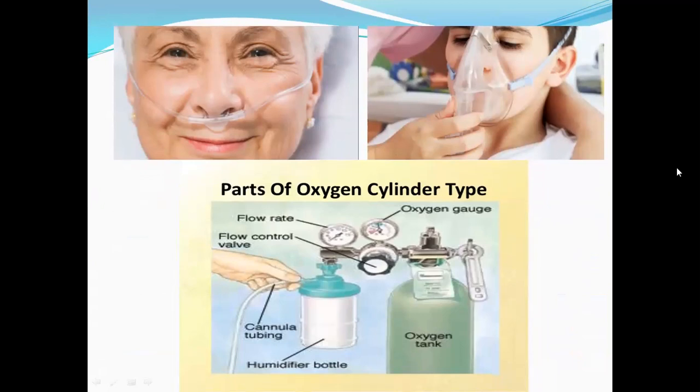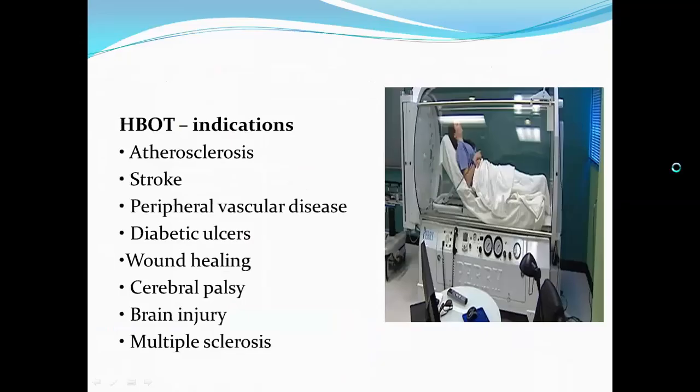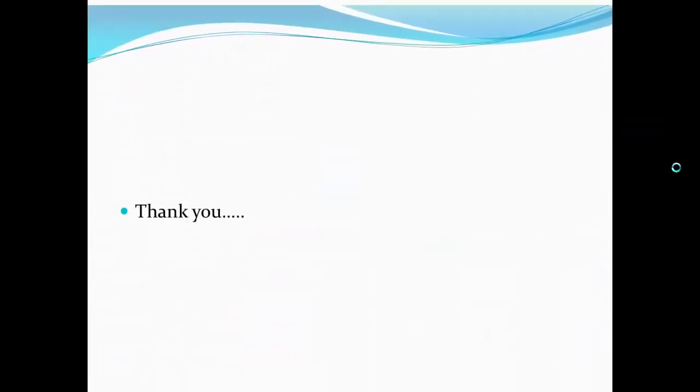But in anemic, there is a decreased oxygen carrying capacity; in stagnant, the circulation itself is hampered; and in histotoxic, the tissue itself is not able to use oxygen. So, amongst the four, the type of hypoxia most responsive to oxygen therapy is hypoxic hypoxia. That is something you can remember, which is very commonly asked.